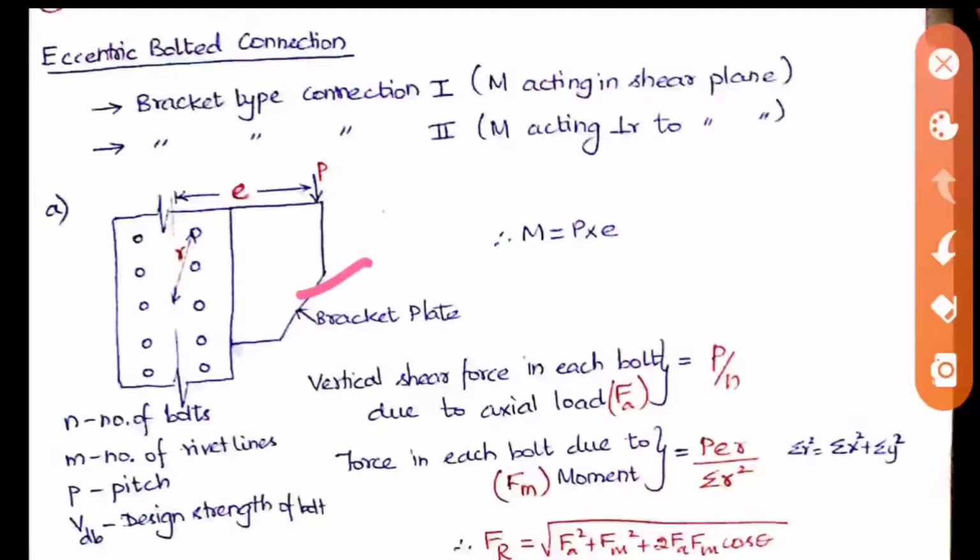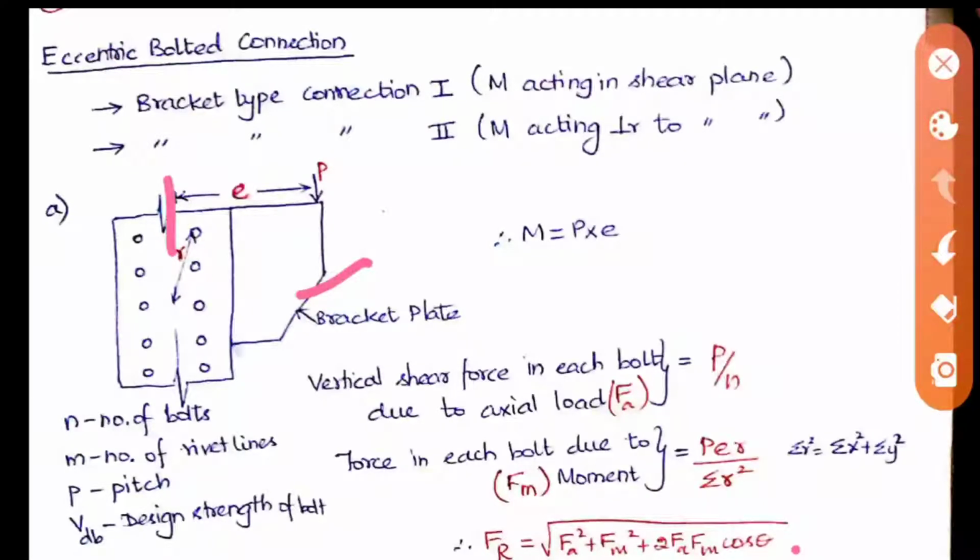When the bracket plate is attached like this and the load is applied here, the moment acts along the shear plane. This is the first case, with an eccentricity of e. The eccentricity e is the distance from the point of application of the load to the center of gravity of this plate. So here the load is P and the eccentricity is e.